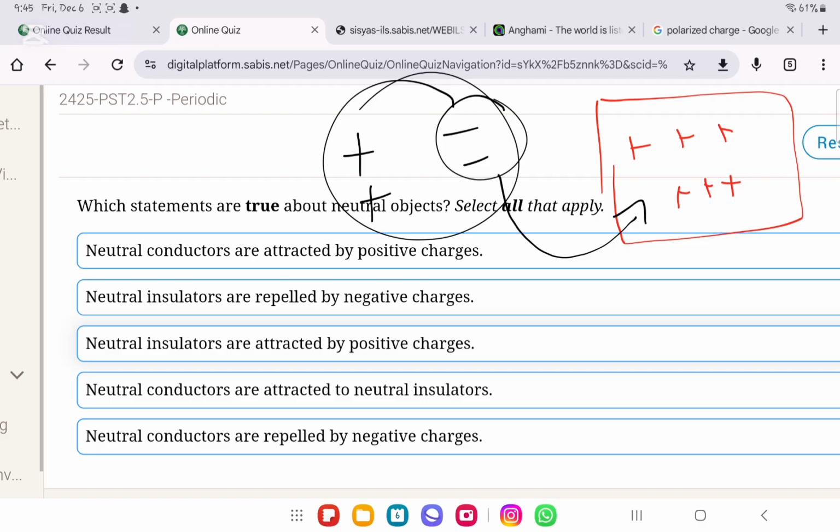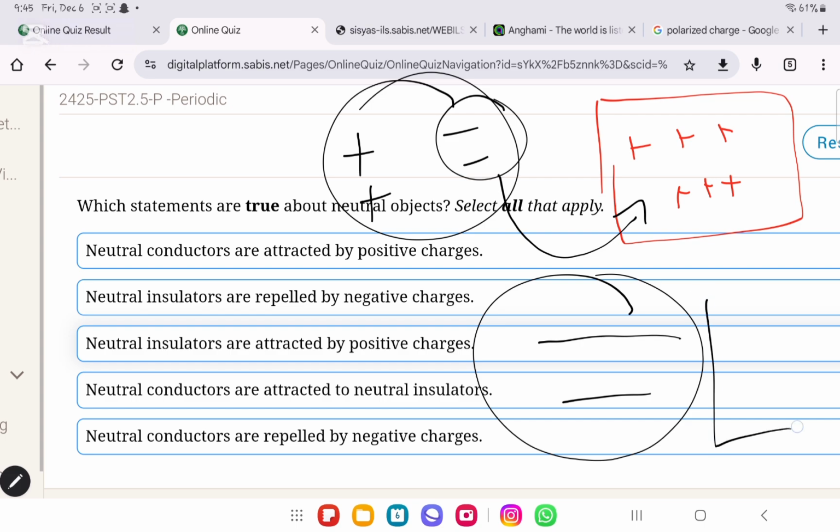Theoretically, just how I like to explain it, the negative electrons are going to overpower the protons, and so it technically makes a negative atom. So now you have a negative atom and a positively charged object. If you bring a negatively charged object over here, it is going to repel the ball.